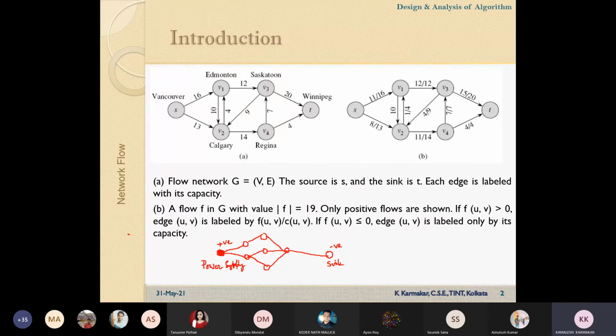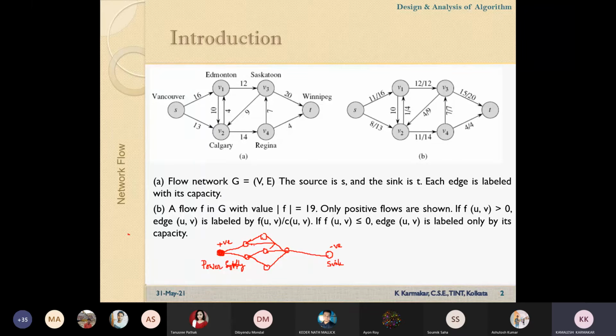In this network we have to find the maximum flow. We have to determine the maximum flow through this network. So what will be the maximum flow through this channel? We have to find the maximum flow through each and every path, because in this network we have only single source and single sink.